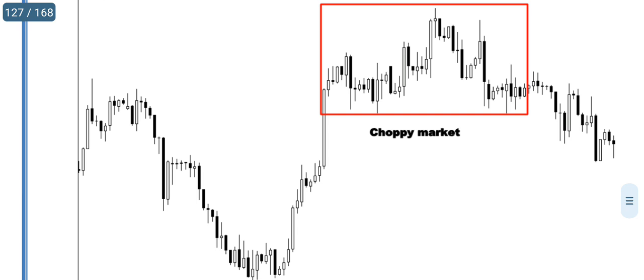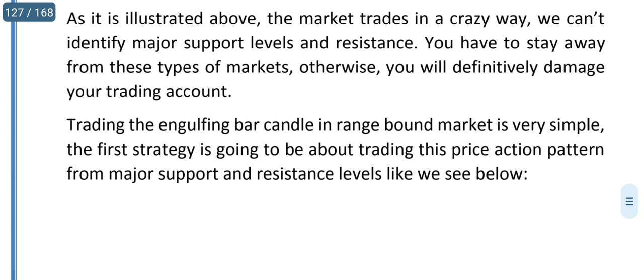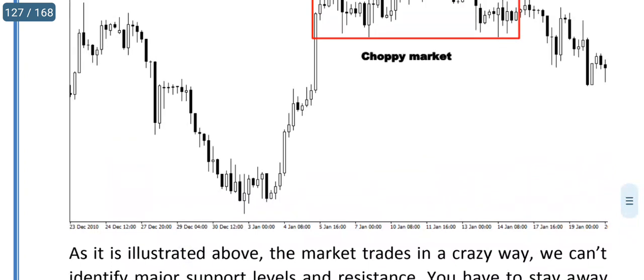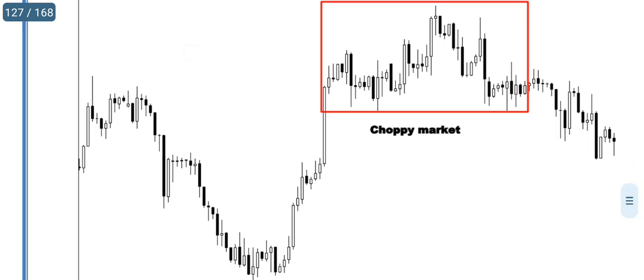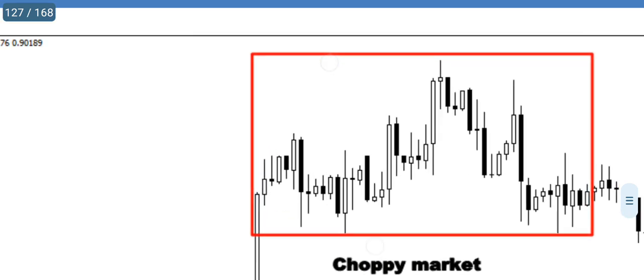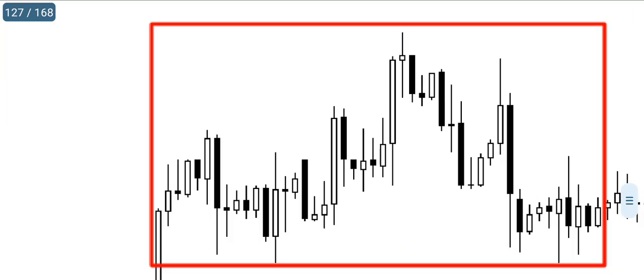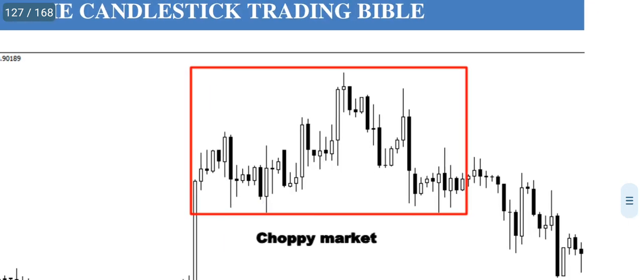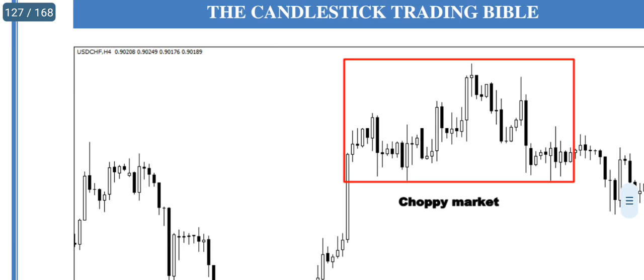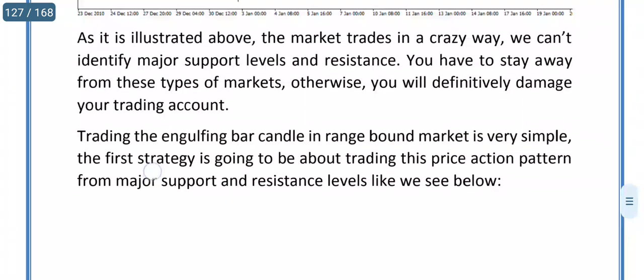As illustrated, the market trades in a crazy way, and you can observe this very clearly. Here we have indecision between the bulls and the bears.